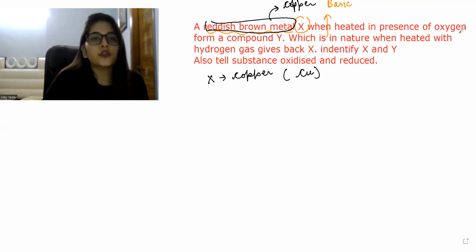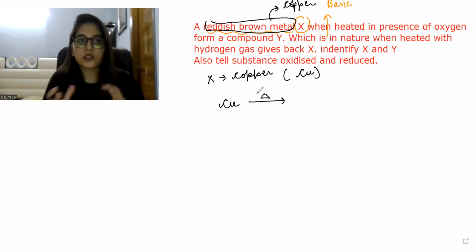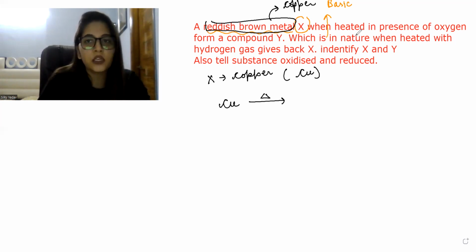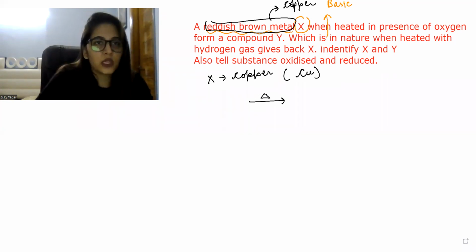When heated in presence of oxygen, that means we are now going to heat it in presence of oxygen. Oxygen is a supporter for any kind of combustion, so when you're heating it, oxygen will always be there. That means in addition to this copper, oxygen will also be present there, right?